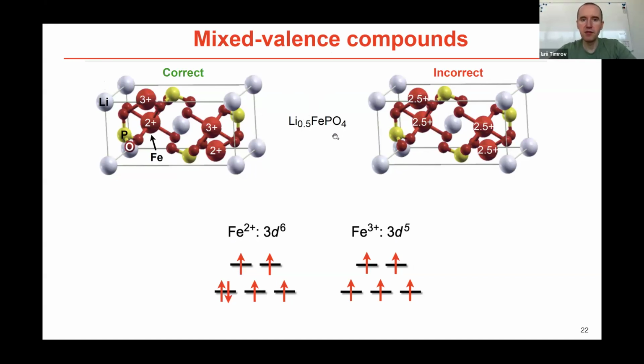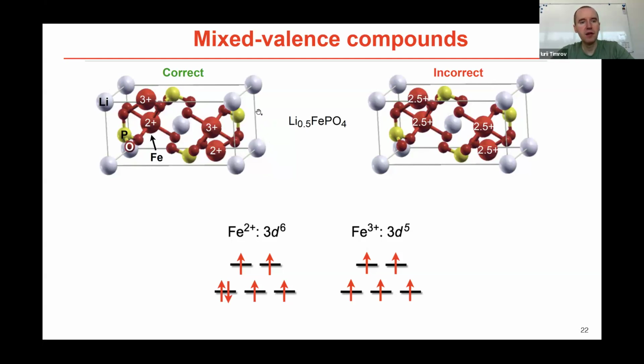And this material is used for batteries. On the left, I show you the correct picture. We have the unit cell of this material. Lithium atoms are in the corners of this unit cell. Then we have iron atoms, big red balls. Oxygen atoms are small red balls. And phosphorus are yellow atoms.